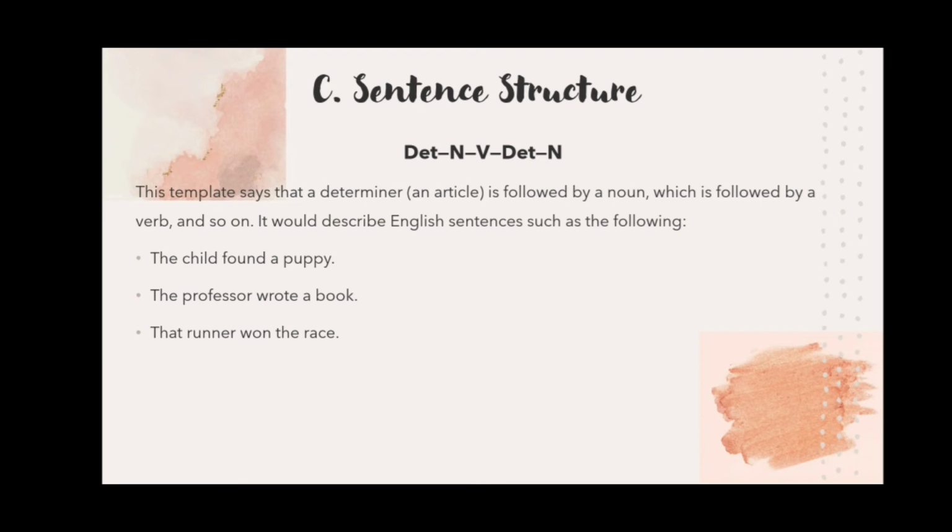The is determiner, child is noun, found is a verb, a is determiner, and puppy is noun. The second, the professor wrote a book. The is determiner, professor is noun, wrote is a verb, a is determiner, and book is noun. And the last is the runner won the race. The is determiner, runner is noun, won is a verb, the is a determiner, and then race is noun.